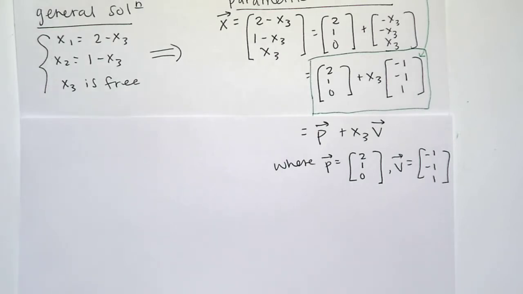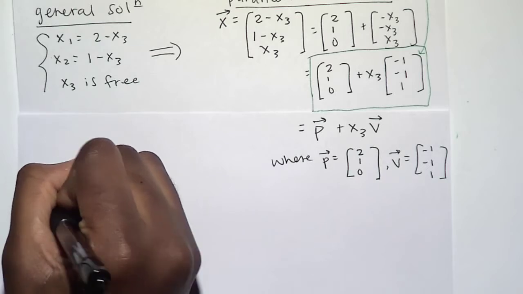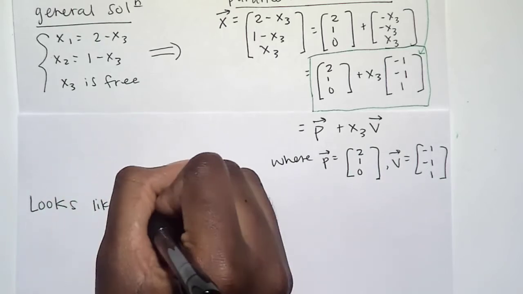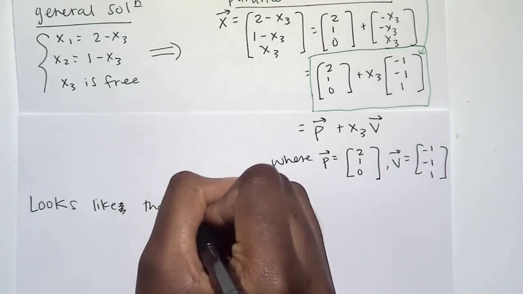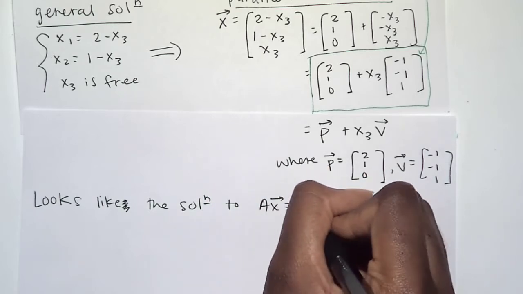Okay. All right, so note, remember, I said this looks just like the solution to our homogeneous system. So let's actually get that in writing so you can go back and read that. So it looks like the solution to AX equals 0.